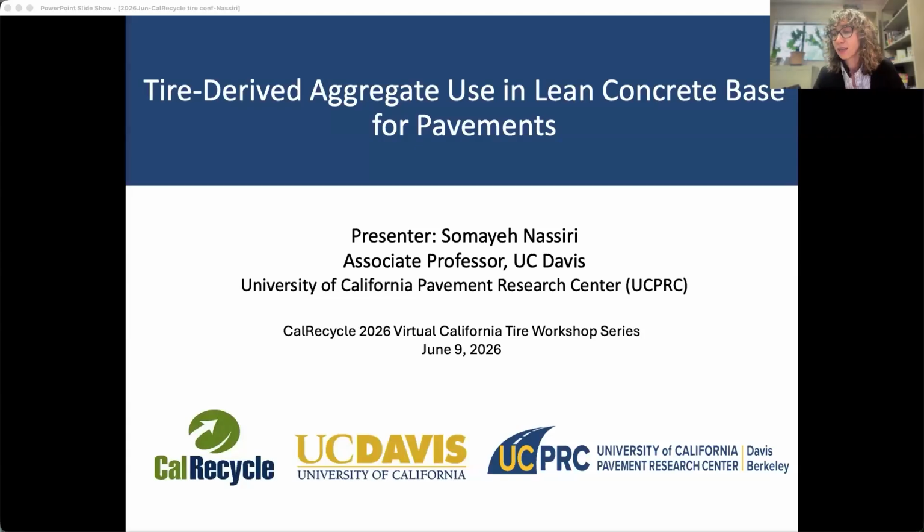But before jumping into that, a little bit of background about myself. I've been working on various recycled materials uses for concrete applications, various concrete pavement applications over my career.